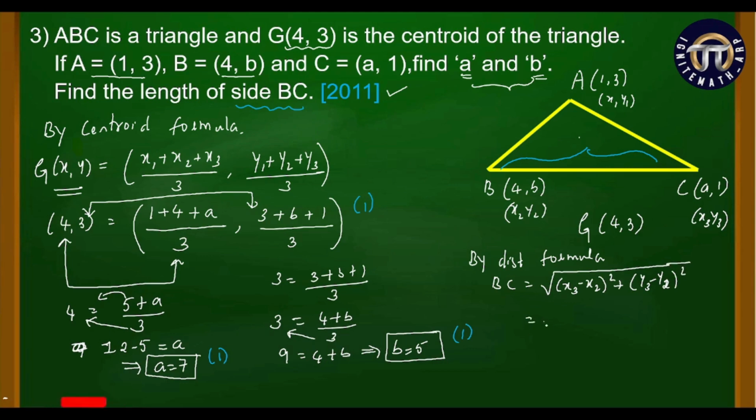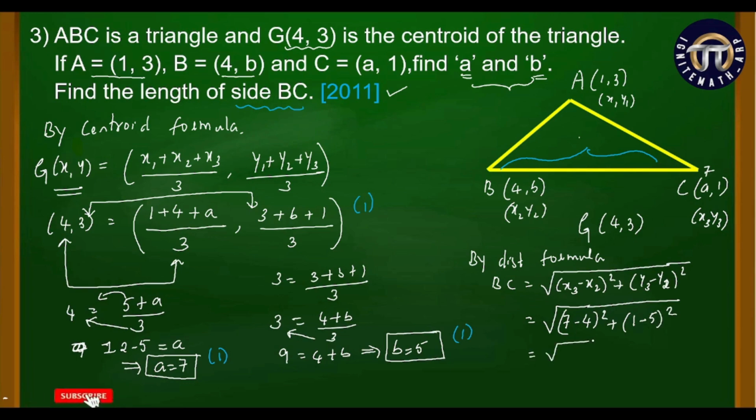Just substitute. So what is x3 over here? That is a, and we have found out a as 7. So 7 minus x2, that is 4, the whole square, plus y3, that is 1, minus y2, that is 5, the whole square.